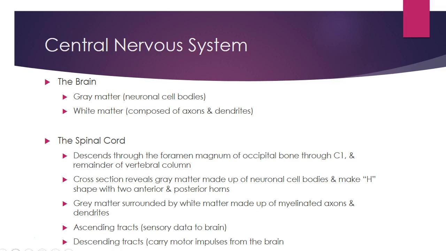This gray matter is surrounded by white matter, and the white matter is made up of myelinated axons and dendrites. Then you have ascending and descending tracts in your spinal cord. The ascending tracts send sensory data to the brain, and your descending tracts carry your motor impulses from the brain.